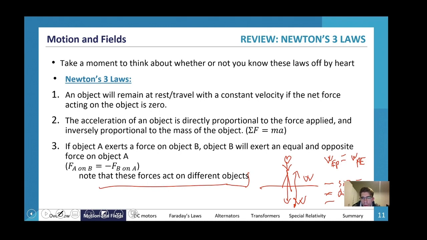The third one, they must be of the same type, same type of force, and act on different objects. So it's a weight force with a weight force, right? Those are action-reaction force pairs. So some of you might be thinking, well, if that's the case, then obviously the question arises, what about the normal force?